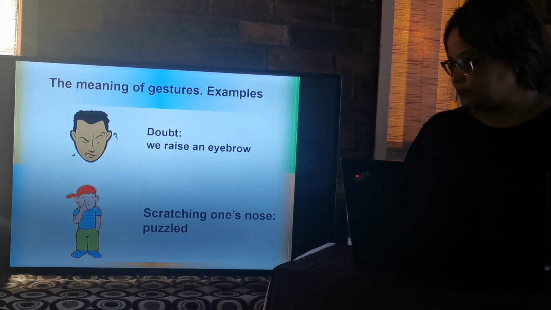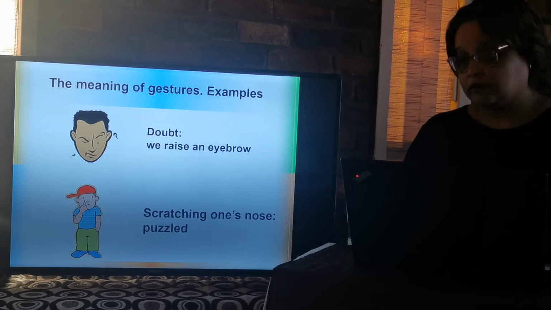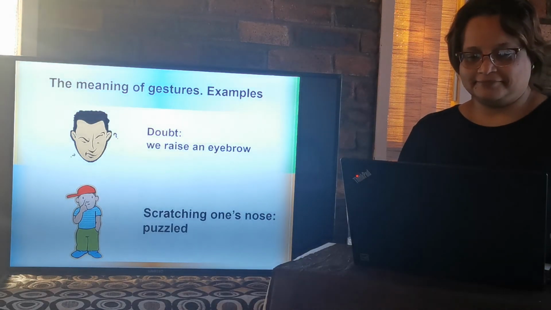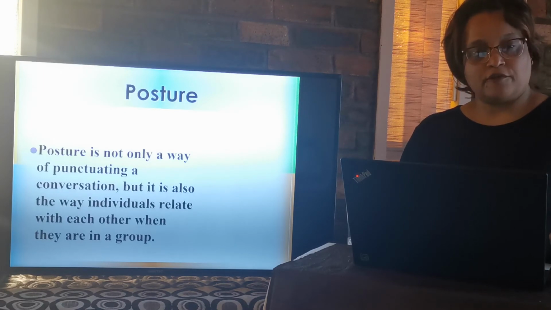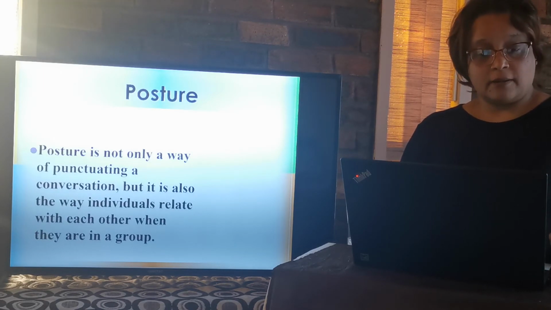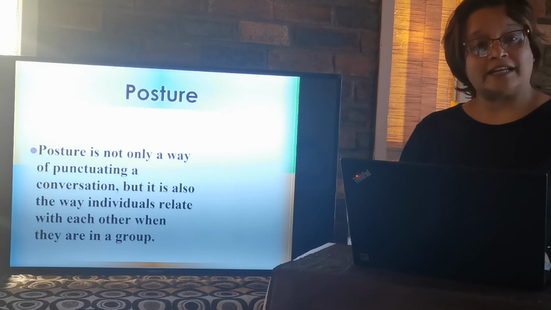Isn't that true? Posture is not only a way of punctuating a conversation, but it's also the way individuals relate with each other when they are in a group.